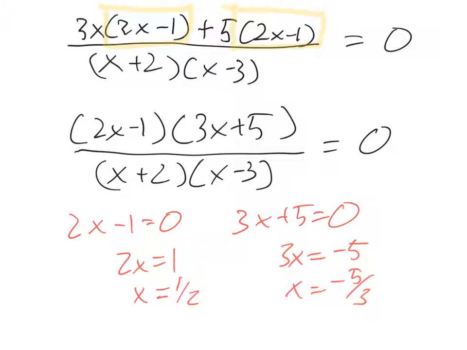So that's part of the reason why I never ended up multiplying out the bottom, is because it's easier for us to see the numbers that are not in the domain in this problem. We can see that negative 2 and 3 would get us 0 in the denominator. Since neither of our answers are negative 2 or 3, then these are both good answers. These are good x's that will work for this problem.